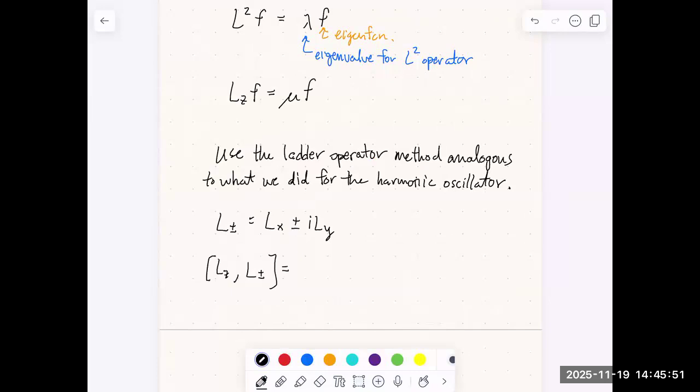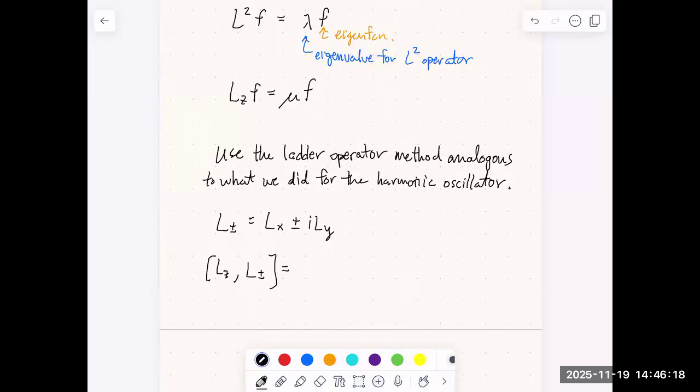Just like we found for the harmonic oscillator, we had this A plus operator. What it did is it increased the energy of our system by an amount h bar omega. So every time we acted with A plus, we increased the energy by the same amount. And A minus decreased the energy by some fixed amount.